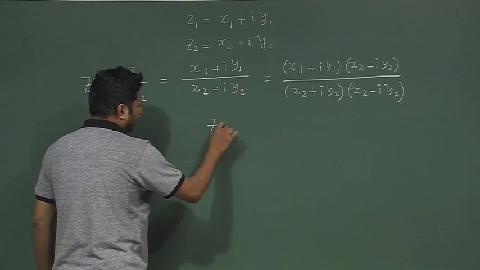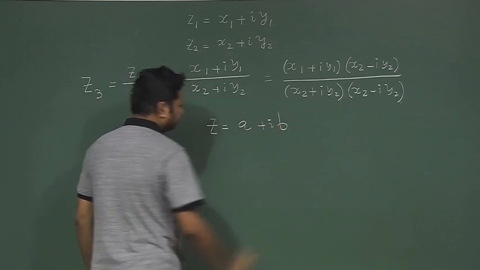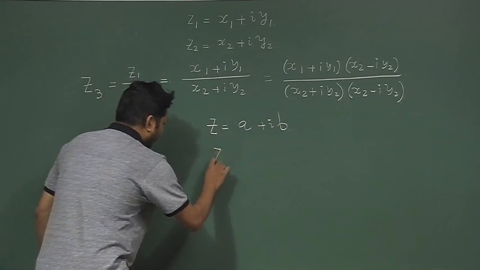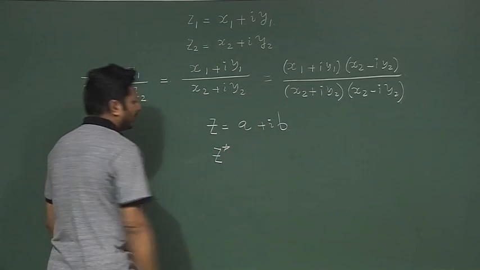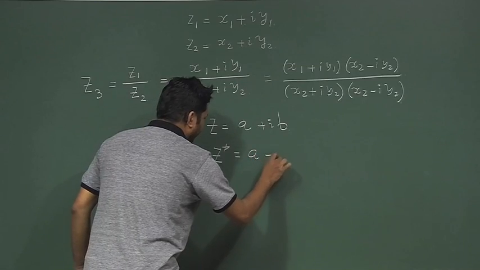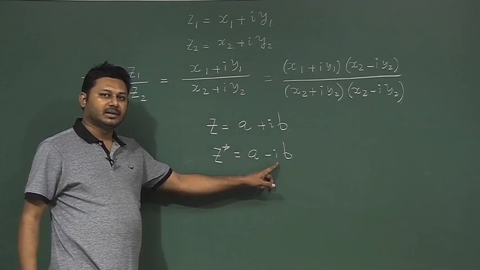I have Z equal to a plus ib. If I say Z star, which is called the complex conjugate, I should write a minus ib. Complex conjugate is something where i is replaced by minus i.